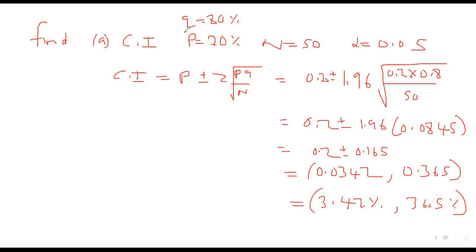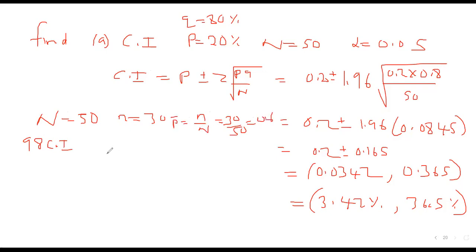So sometimes you may be given a big sample, 50, and a small sample, 30, and you're asked to find a 98% confidence interval. So the proportion here is simply small sample over big sample. So 30 over 50 is what? 60%, meaning what is our Q? 40%, right?